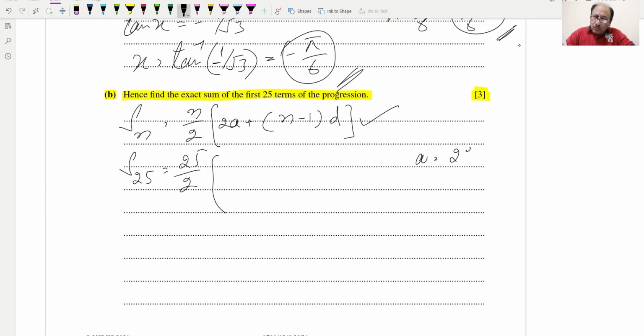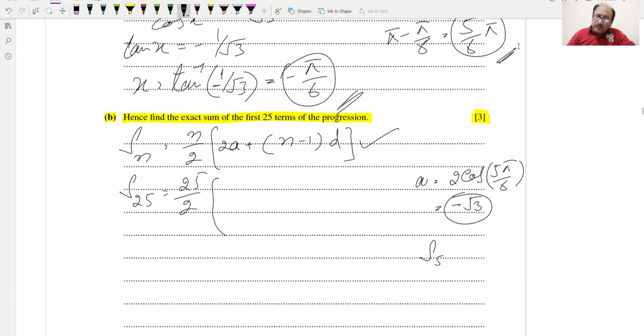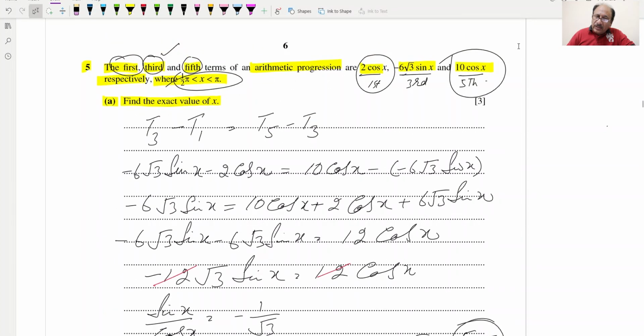and for a value, basically a value is equal to 2 cos of 5 pi by 6, and if we find this with the calculator, we'll get minus under root 3. And for the d value, if we replace this a value and s5, which is given over here, 10 cos x.